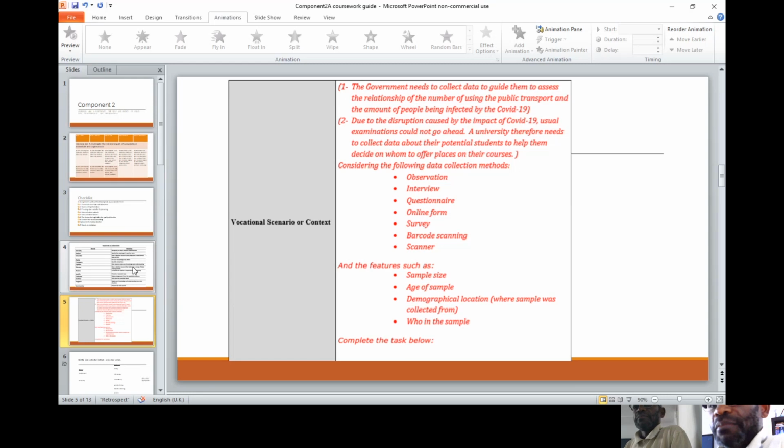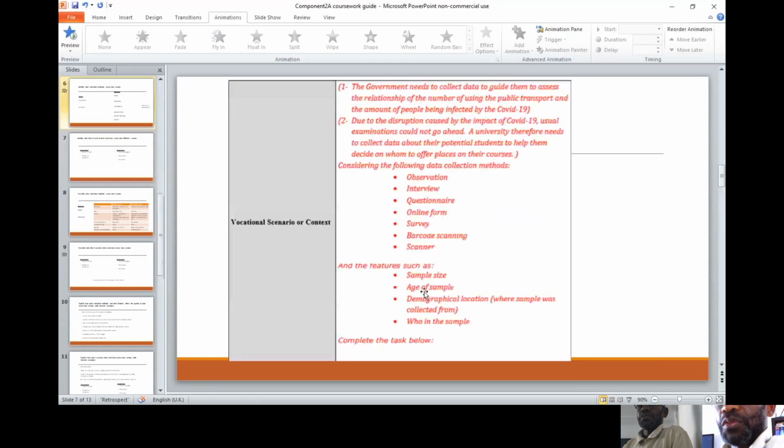You should always consider these features of a data collection method: sample size, age of sample, the demographic, and then who is in the sample. You're going to consider these data collection methods and their features to answer the question.